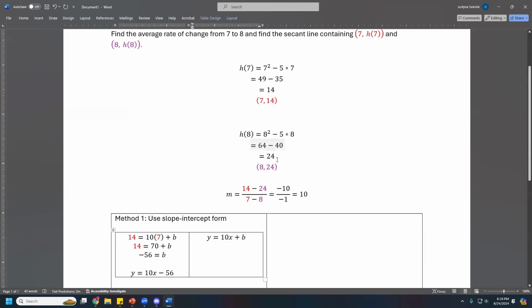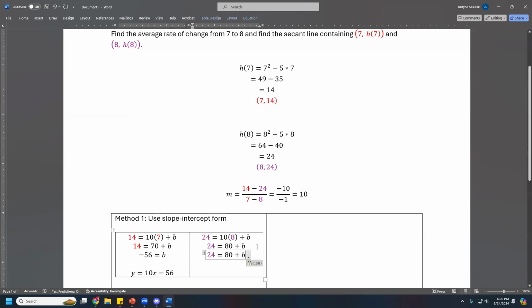All right, let's try it with the other point and see if we get the same thing. I'm supposed to get out 24 when I plug in 8. So this is going to end up being 80. Now I need to subtract 80 from both sides to get b by itself.